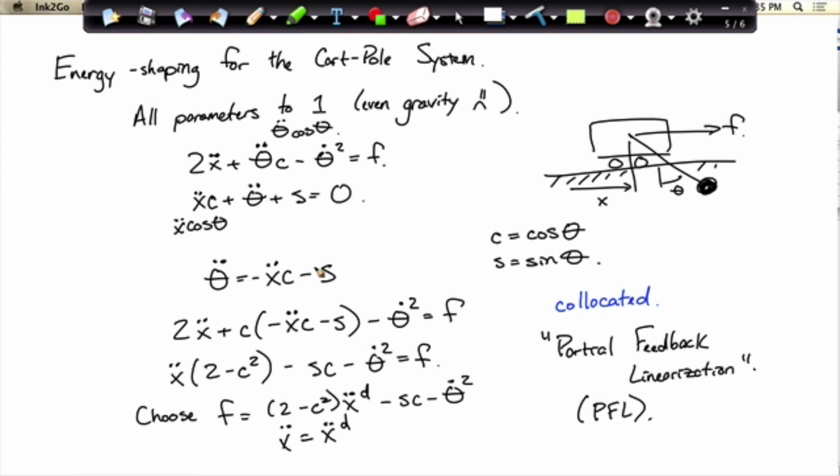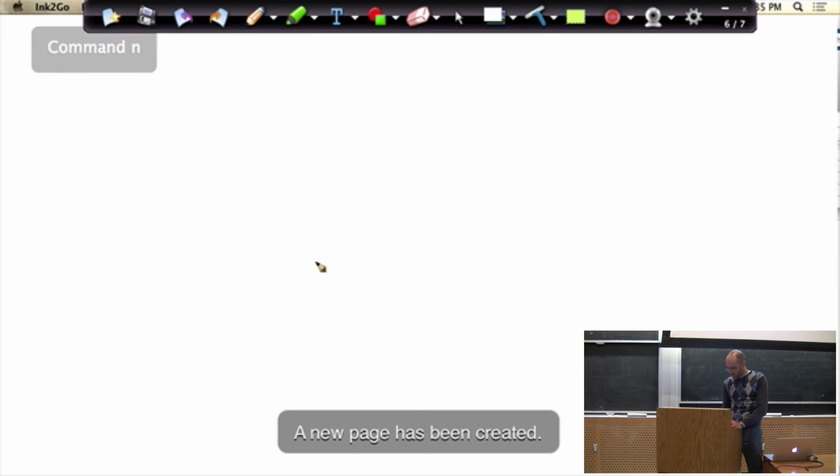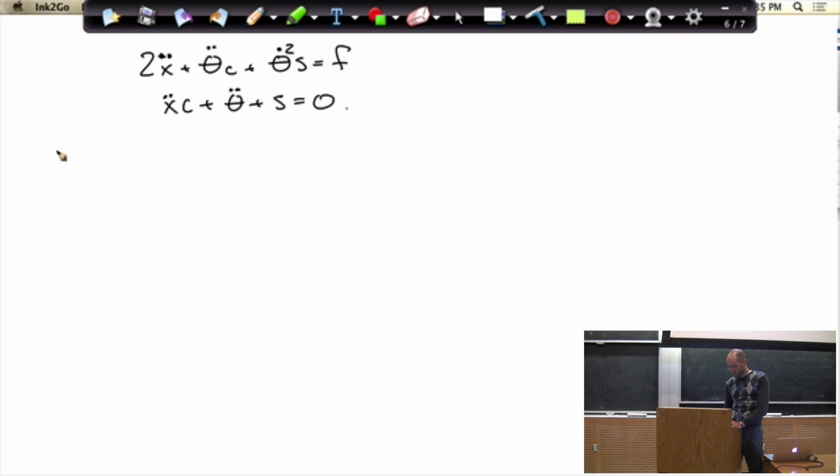Algebraically, you can sort of guess. If I have the same dynamics to begin with, my 2x double dot plus theta double dot c, right? So now I'm going to try to do the non-collocated feedback linearization.